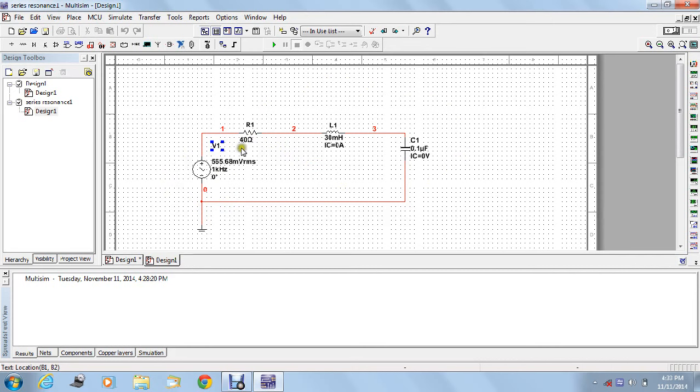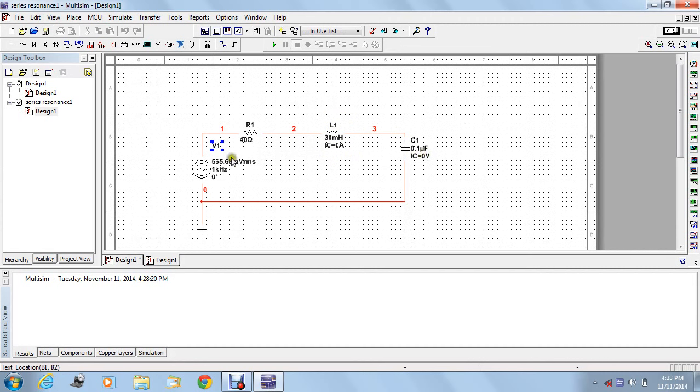R1 is 40 ohm. R1 is very small because it is the internal resistance of your generator and the internal resistance of the inductor. Here IC is 0 ampere for the inductor. Initially it is 0. Inductor value is 30 millihenry. Capacitor is 0.1 microfarad.